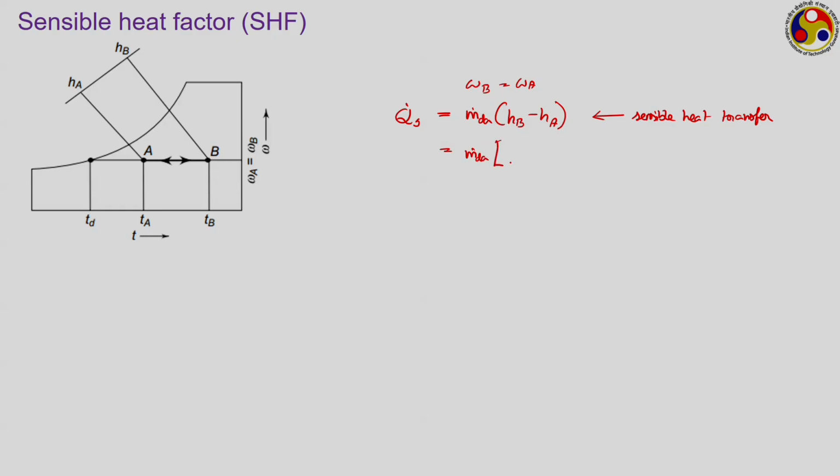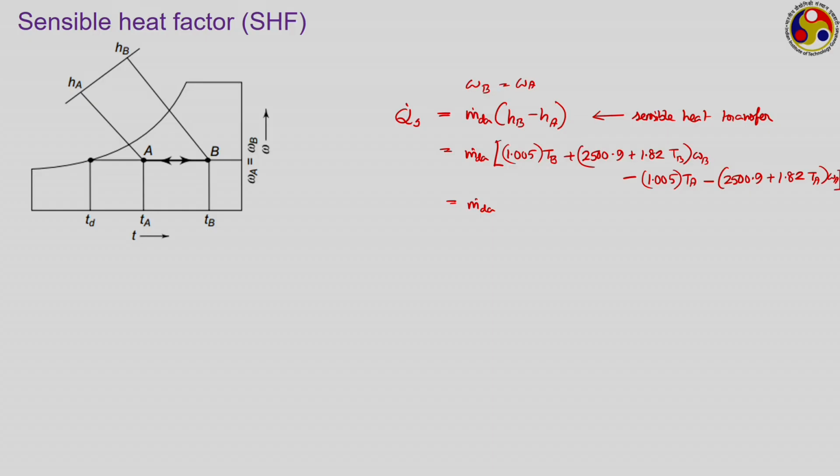So m dot dry air, for the H B part, enthalpy can be written as 1.005 into T B plus (2500.9 plus 1.82 T B) multiplied by omega B, minus 1.005 T A minus (2500.9 plus 1.82 T A) into omega A. Now, omega B and omega A are equal to each other.